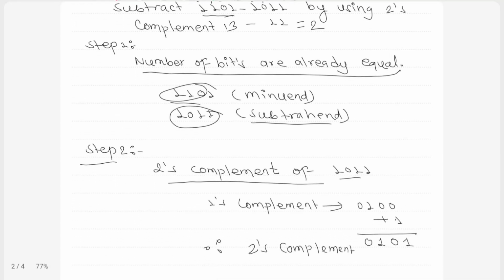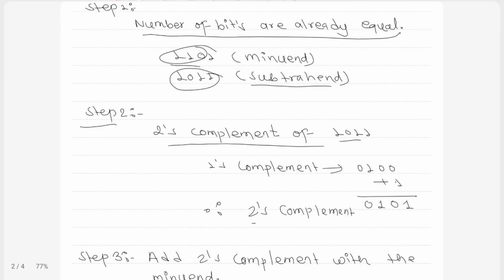In step number 2, when we make the two's complement of the subtrahend, first we take the one's complement, then finally we get the two's complement of that number. One's complement means we convert 1 into 0 and 0 into 1.